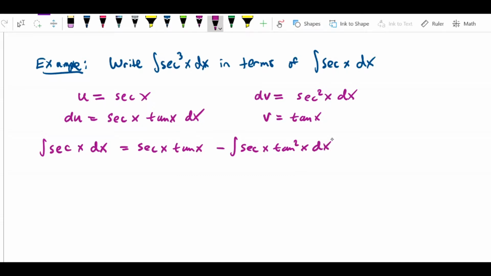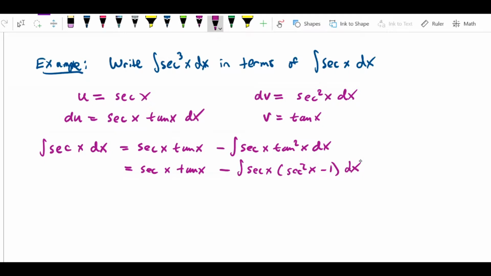Now I want to use one of the identities to rewrite that tangent squared in terms of secant squared. So this is going to equal secant x tangent x minus the integral of secant x times secant squared x minus 1 dx.